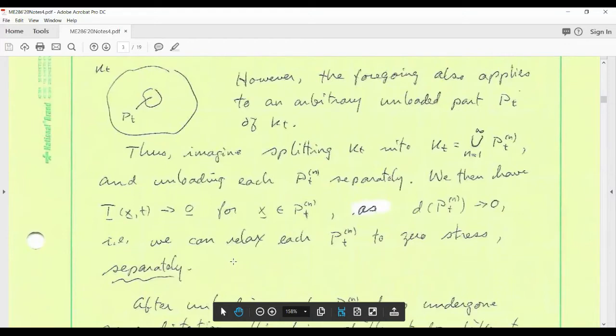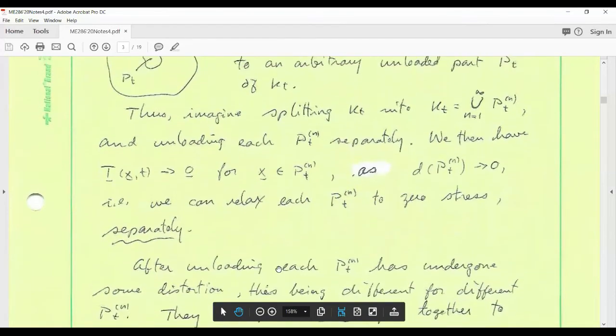So we could imagine cutting the body into arbitrarily many, essentially infinitely many subbodies of arbitrarily small size approaching 0. So we surgically remove all of them from the body, unload them individually. The local stress in each subbody then approaches 0 as the size of those subbodies approaches 0.